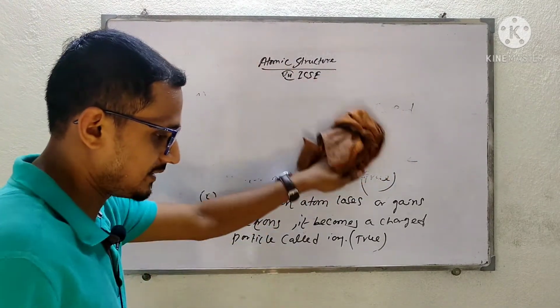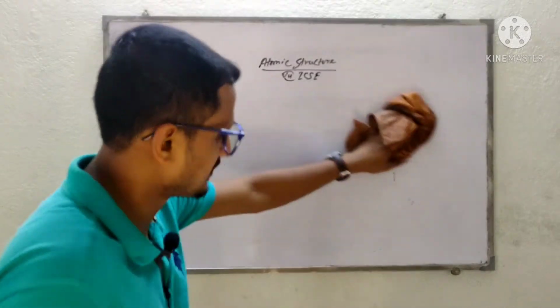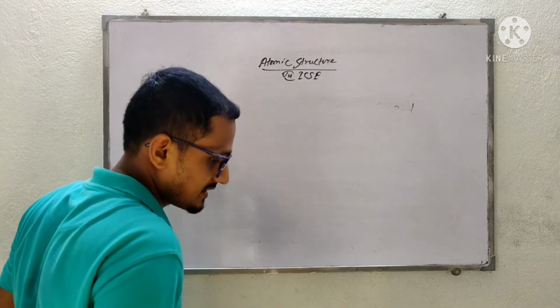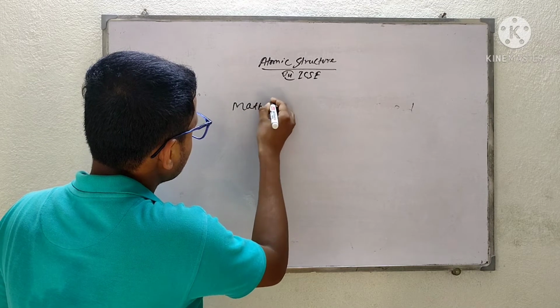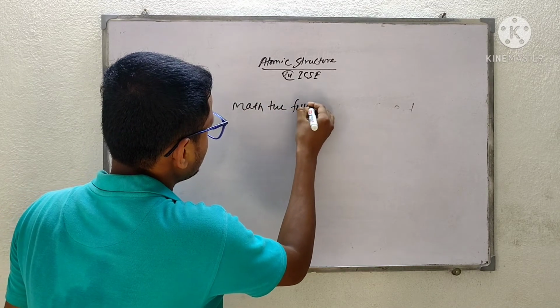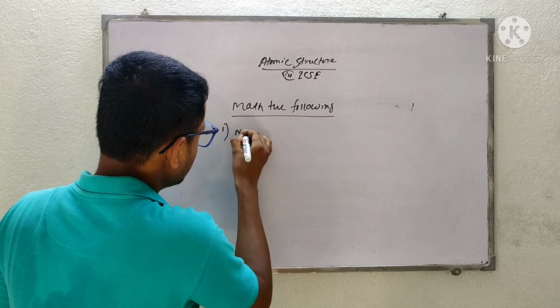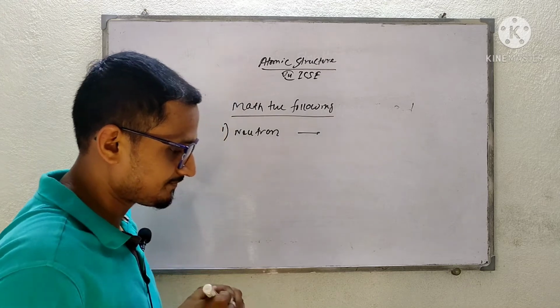Now see, we have a matching question, that means we have to match the columns. I write the answers here: match the following. Neutron is given here, so neutral will be matched.